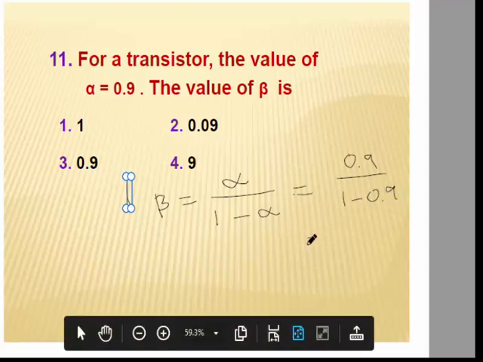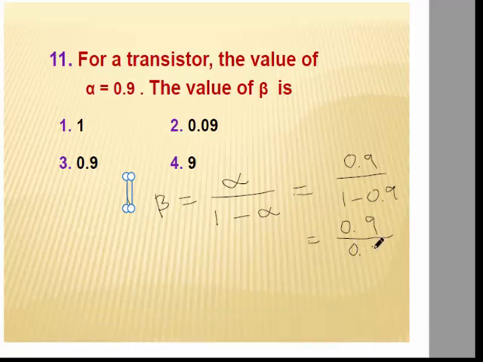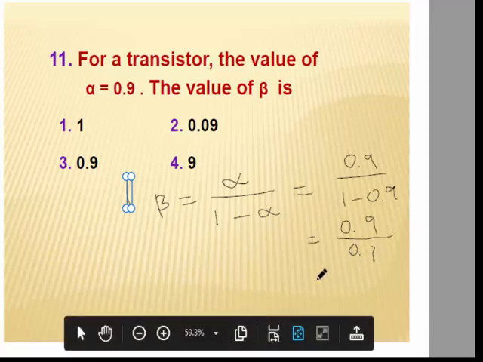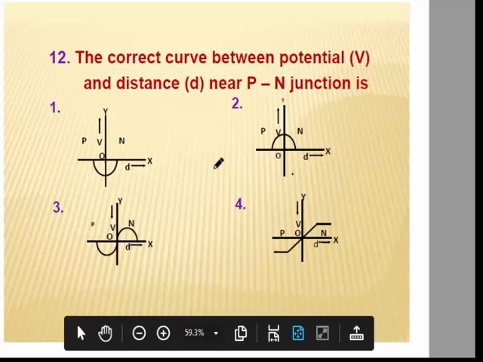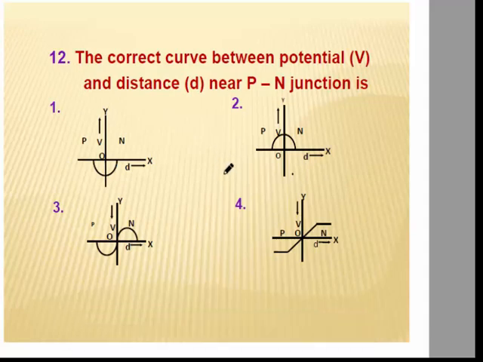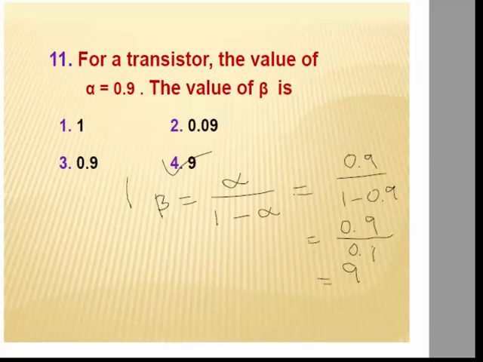So it will be 0.9 divided by 1 minus 0.9, which is 0.1. 0.9 by 0.1 means 9. So what is the option? Fourth one. So the value of beta is 9, option 4.